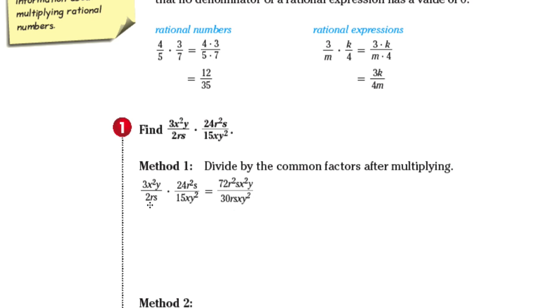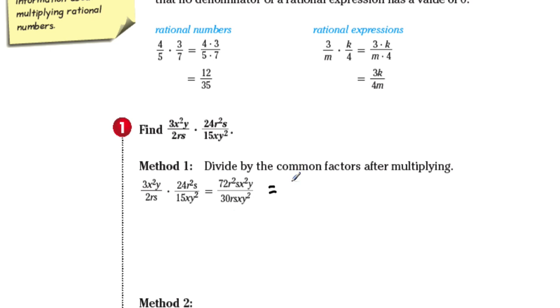Second thing, on the denominator side, 2 times 15 will give you 30. And then we simply brought the r there, the s, x, and the y squared. So what you can do here is find the GCF. What you want to do is find the prime factors of 72.